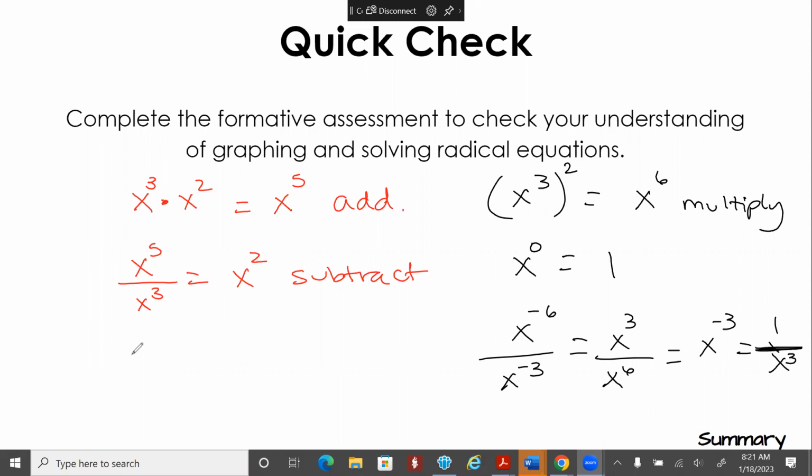One thing though, if you have something like this, where you have x to the third, y to the second, x to the first, which ones can you combine together? Like, what would you do in this instance to simplify?